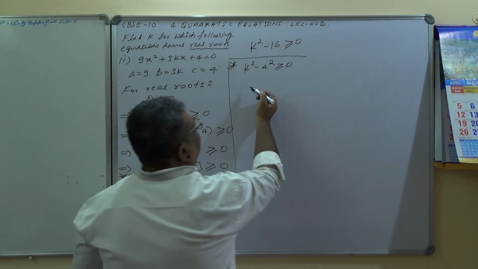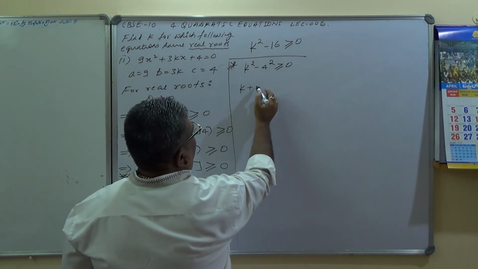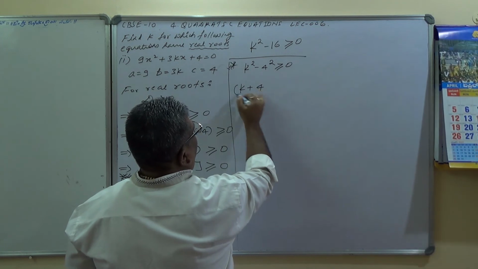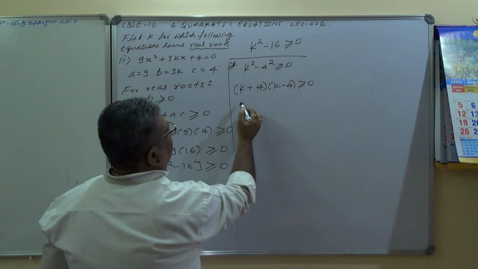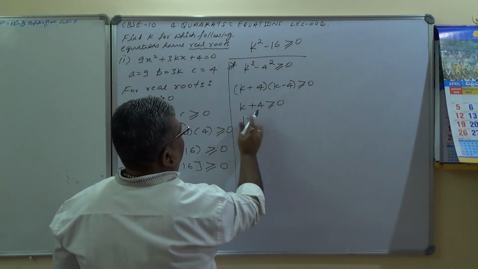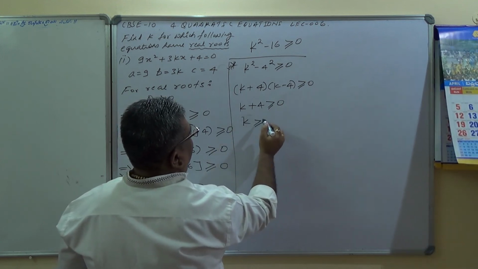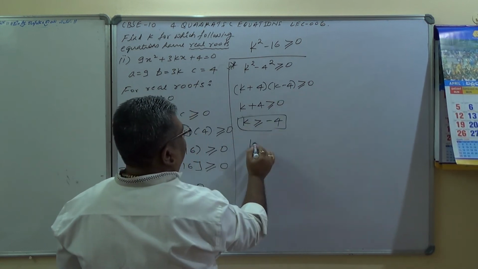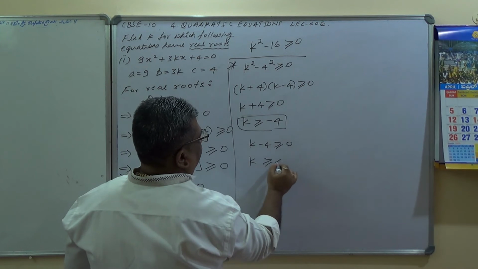Okay, fine. So a square minus b square: k plus 4 into k minus 4, and transposing the minus 4, finally k minus 4 should be greater than 0, k should be greater than 4.